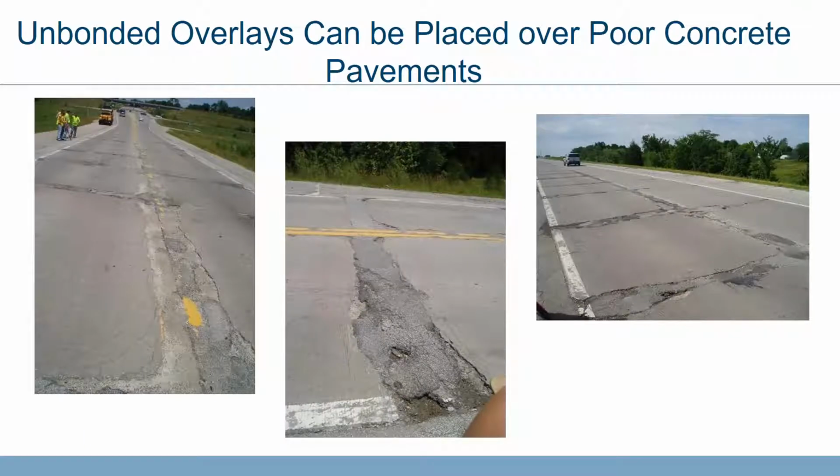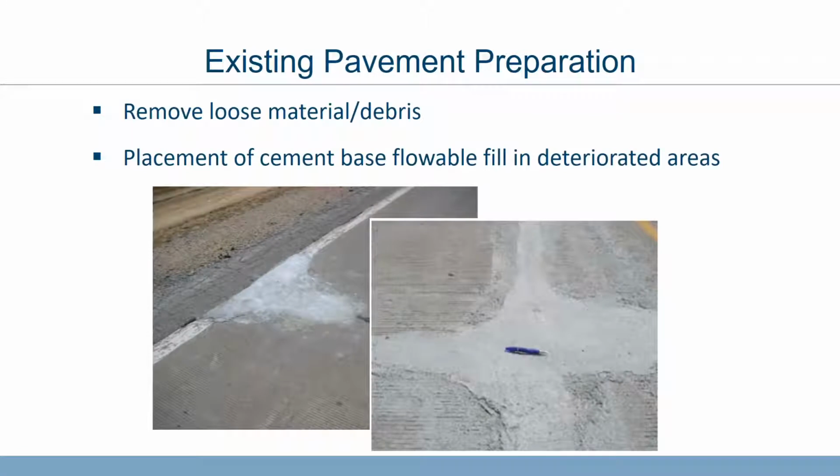Here's just a few pictures of an overlay candidate that we looked at around the country, to show you some of the severity of pavements with regard to cracking that you might see here. With some joint repair work, they were considered a valid candidate, and were overlaid and are working quite well today.